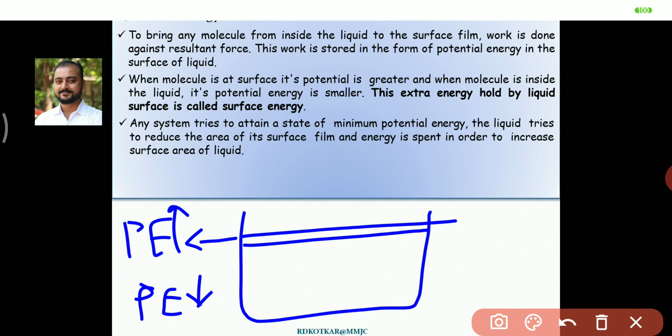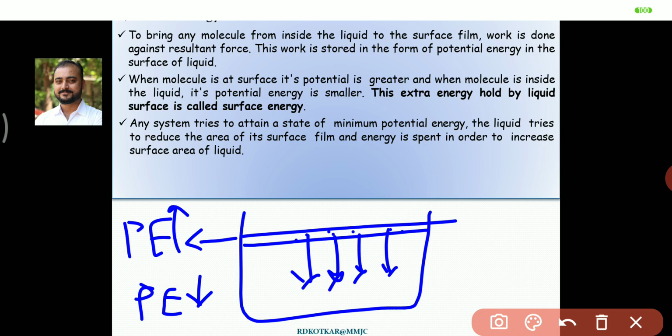So any system will try to attain the minimum value of potential energy, and when liquid molecules are moved from the surface film to the inside of the liquid, there should be a decrease in the potential energy. Okay, means what? The molecules present inside will try to move in the downward direction and decrease their potential energy.